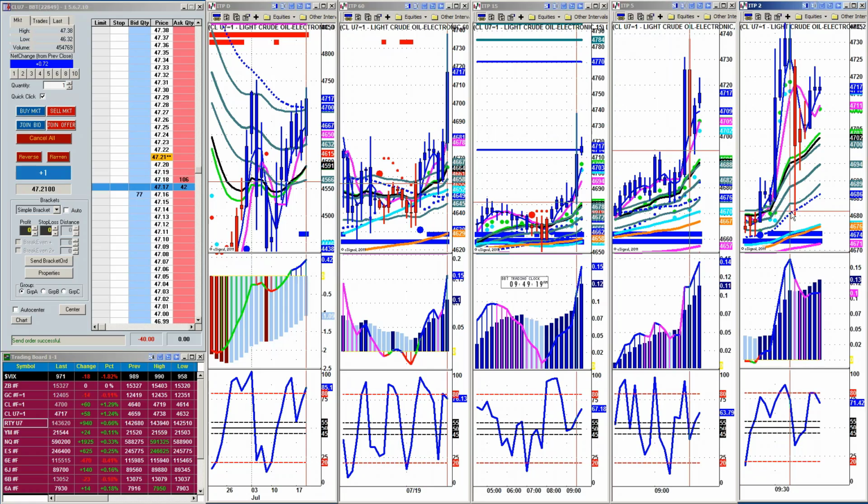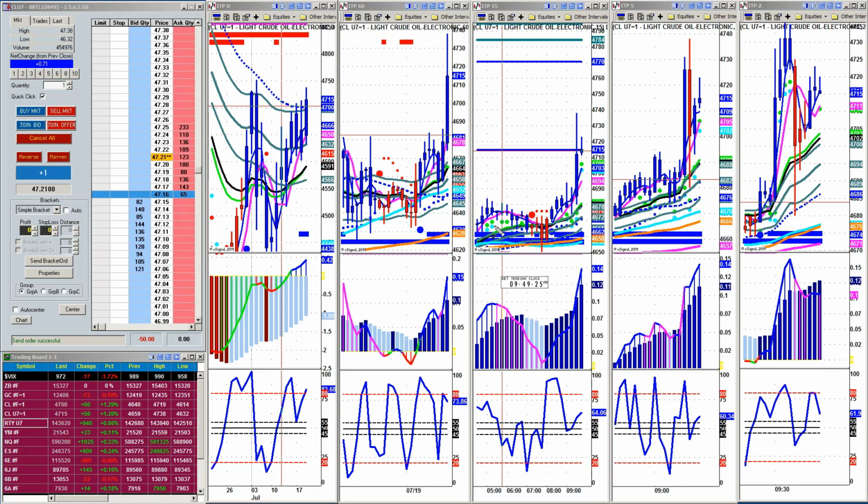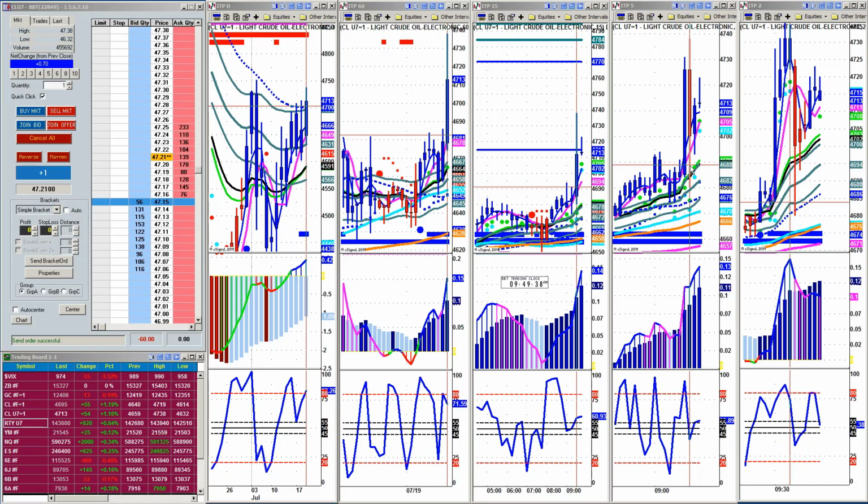I'd show it to you here, but I can't do that without freezing up the screen too much. But oh, that's fine, I'll sneak it in here real quick, just kind of show you. We have a lot of rising support underneath here, okay? Rising support, you have the round numbers support and so on and so forth.